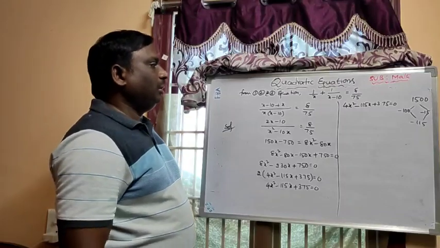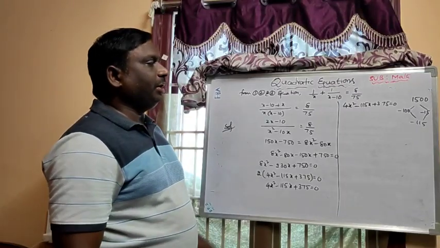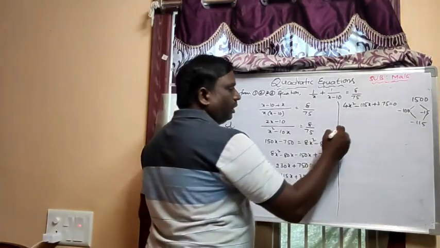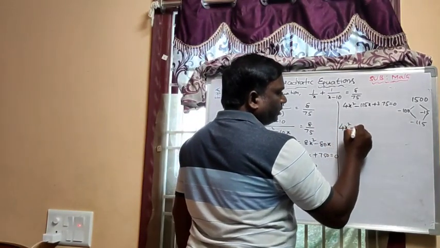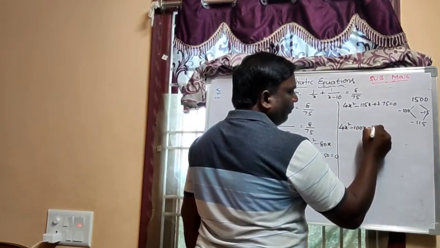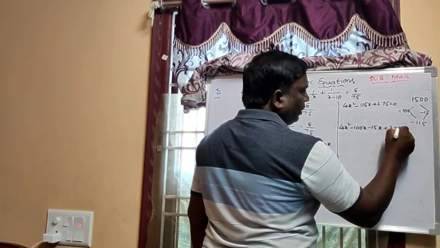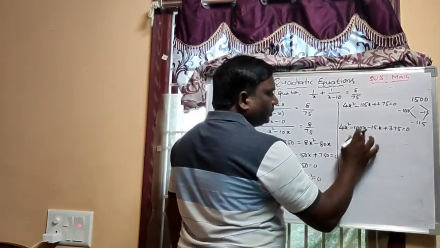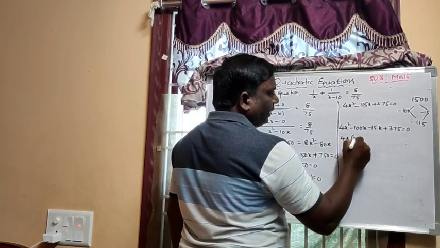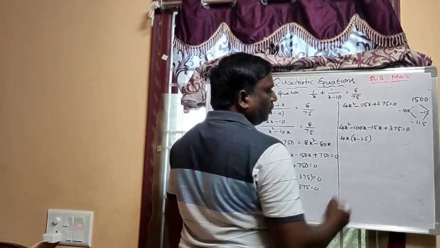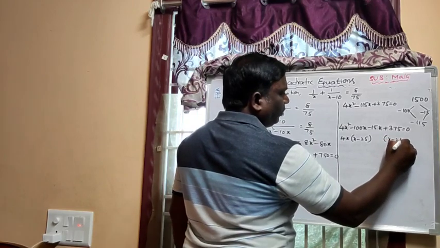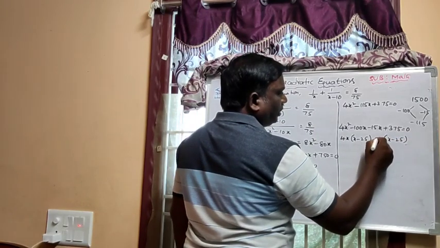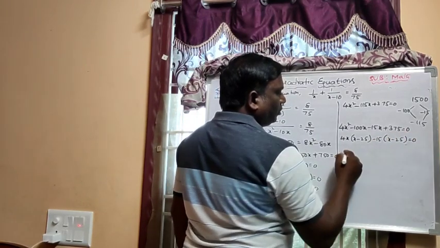Then only you will get minus 1500 plus 1500 and minus 115. Then 4x square minus 100x minus 15x plus 375 equal to 0. Now take common from these two terms, that is 4x, (x minus 25). Again (x minus 25) you can write here, minus 15 equal to 0.